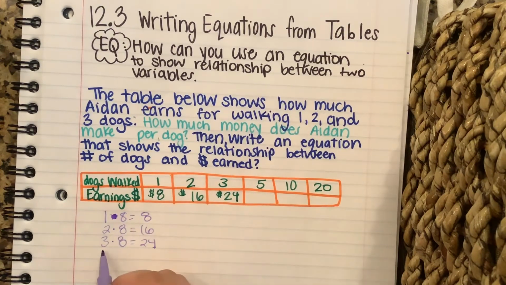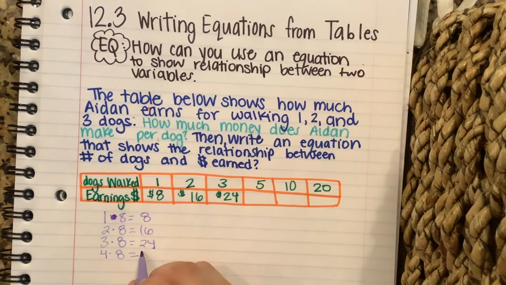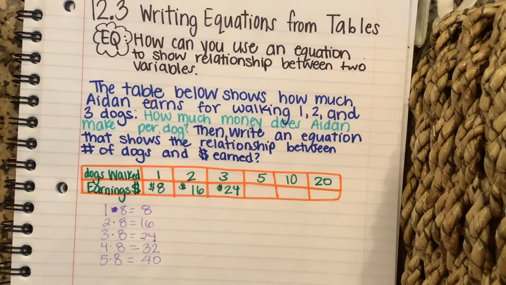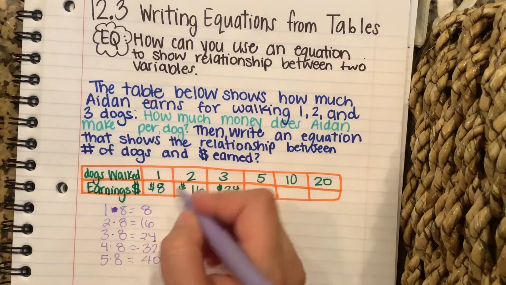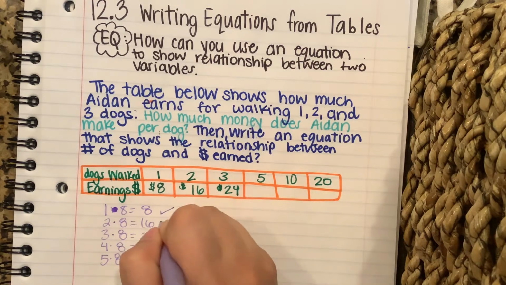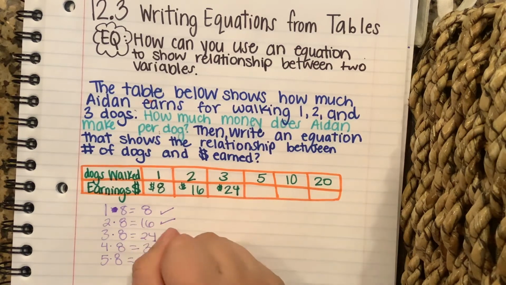So let's do it. If we had a box for 4 times 8, we would have 32. 5 times 8, we would have 40. See how I'm just continuing that listing method? And maybe you could put a star or a check mark by the ones that you need.